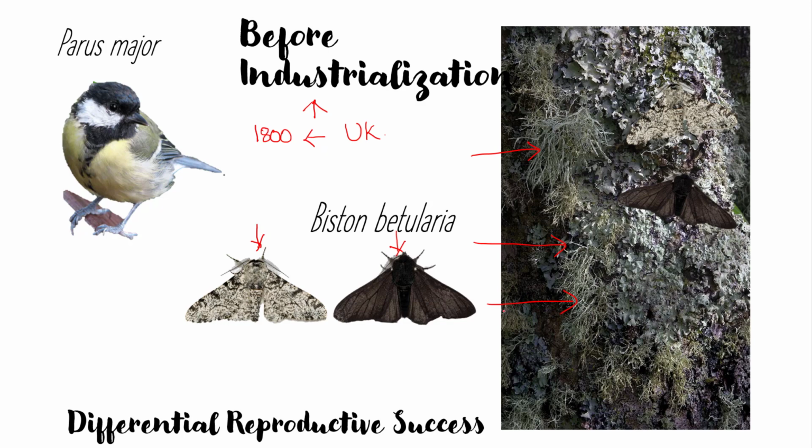We know that lichens are indicators of zero air pollution. Due to the absence of air pollution, lichens grew massively, forming a thick cushion over the tree trunks, and on those the light colored pepper moth used to blend in.